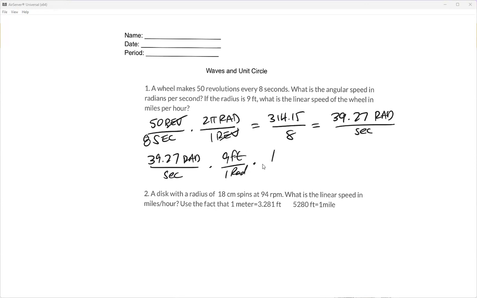So it's 1 mile over 5,280 feet times 60 seconds equals 1 minute, and 60 minutes equals 1 hour. And the total for that is 240.97 miles per hour.